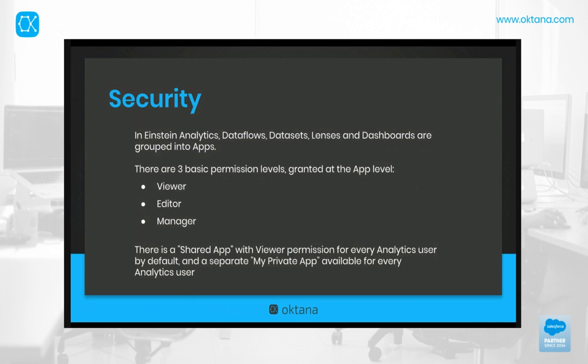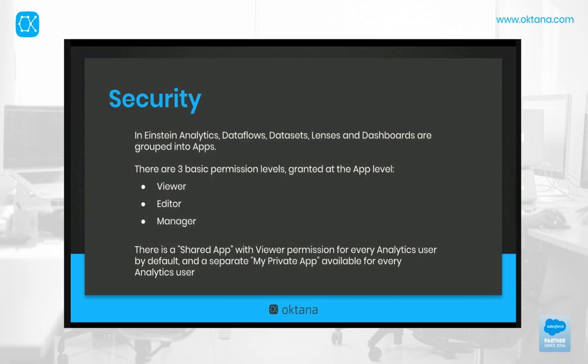And every user has an independent My Private app that is only available to that user. One thing that is interesting about the My Private app is that you can have datasets, dashboards, and other things that are not visible to anyone else unless you specifically give the permission, even other administrators. So you can have something that not even administrators can see if you don't give them access.